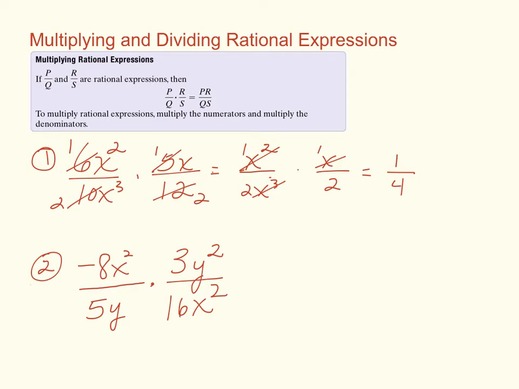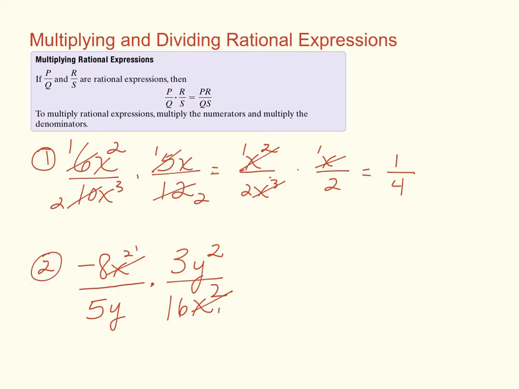Okay, so we did a whole lot of canceling, and you have to remember your rules for exponents, how they reduce and everything. Okay, so with the next problem, we have negative 8x squared over 5y times 3y squared over 16x squared. Well, I see right now that I have an x squared and an x squared that cancel. Those go away. They become 1s.